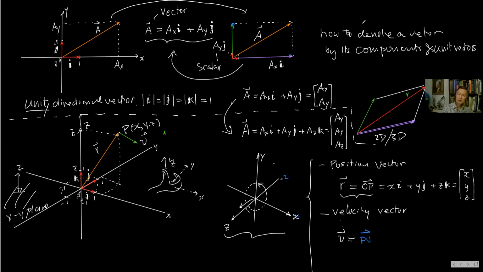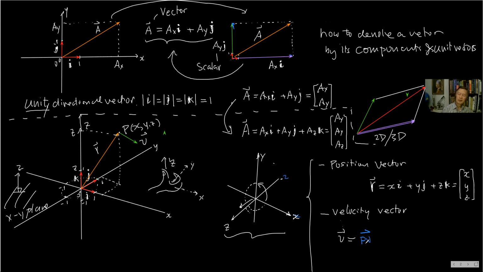Sorry, I should not discuss too much here. I just write R here, just R vector. Otherwise, you get confused. And we just discuss the position vector. Of course, the position vector starts from origin.